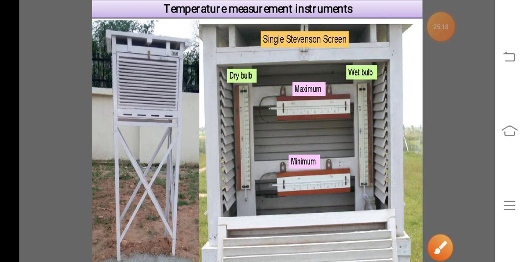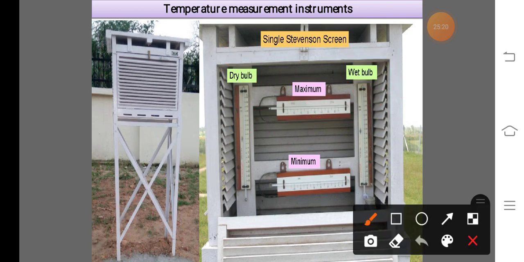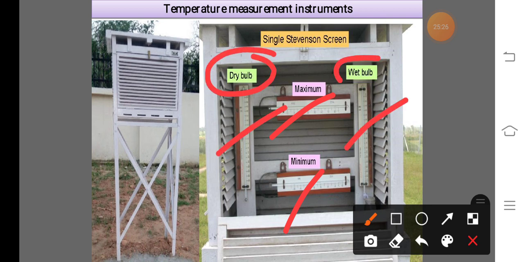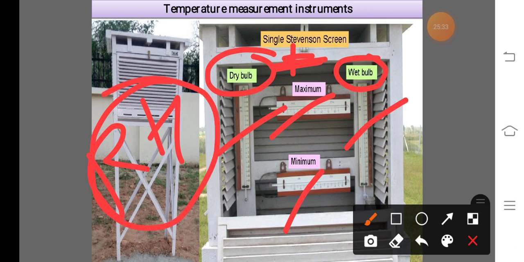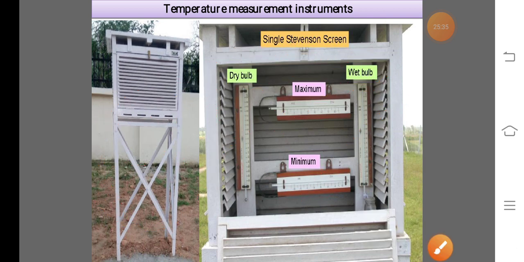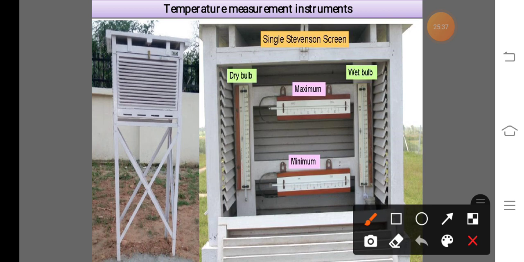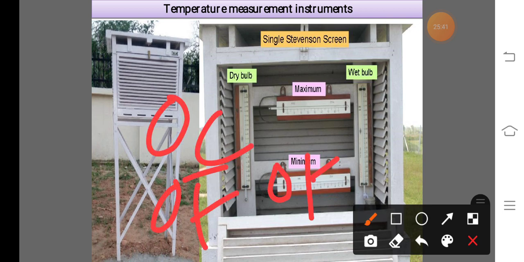So just keep in mind, for measurement of temperature, maximum, minimum, dry bulb and wet bulb thermometers are used, and the combination of dry and wet bulb thermometers is also used to determine the relative humidity. So this is about the single Stevenson screen, and the units are degree Celsius, degree Fahrenheit and degree Kelvin.